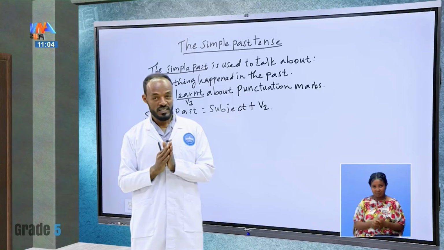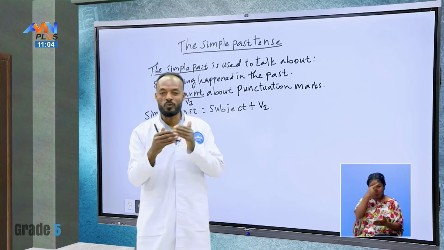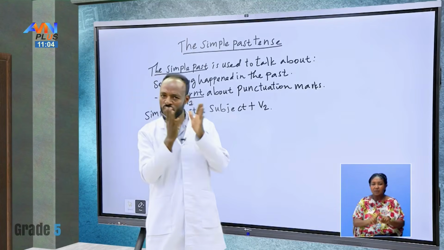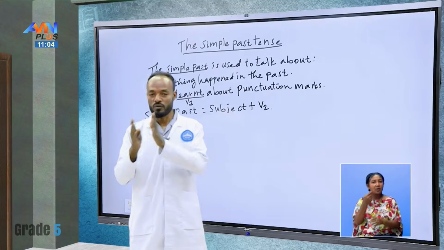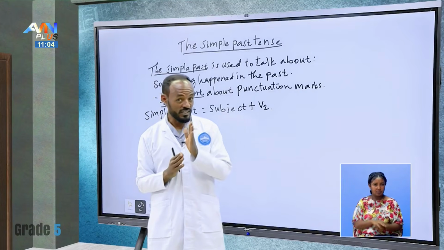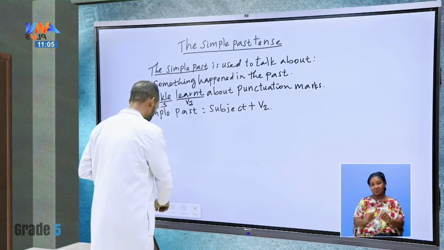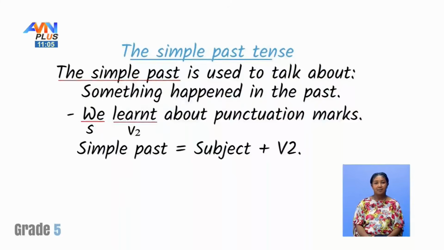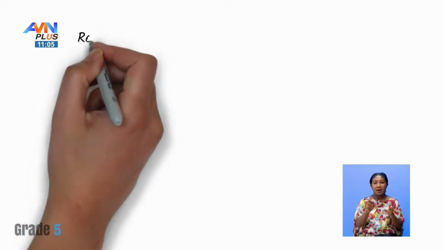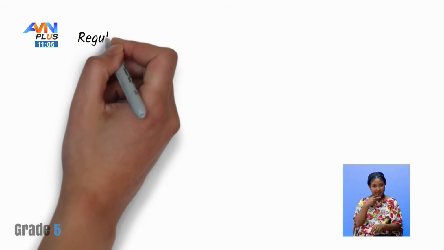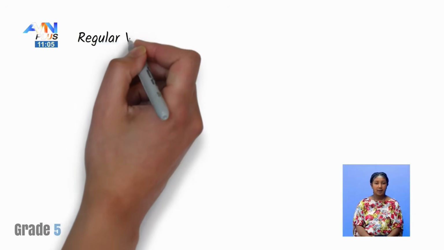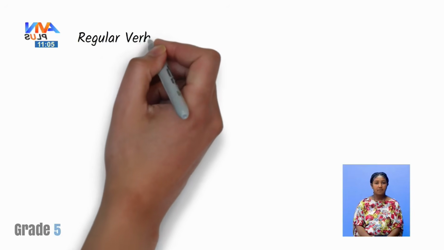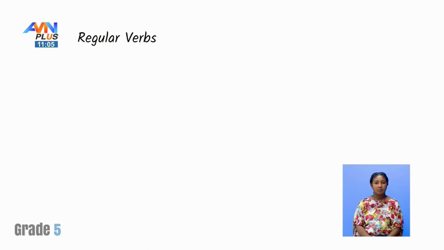So, now we will say something about regular and irregular verbs. Is it clear? Good, because it's better if you want to differentiate what a regular verb is and what irregular verbs are. Are you ready? Good. Come on. Here are regular verbs and irregular verbs.